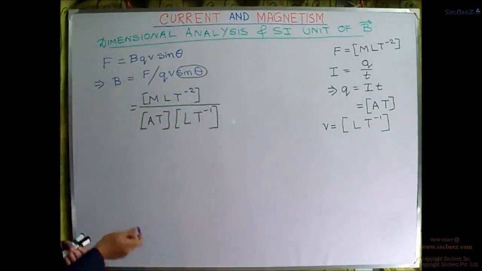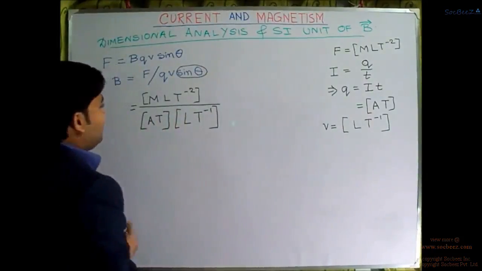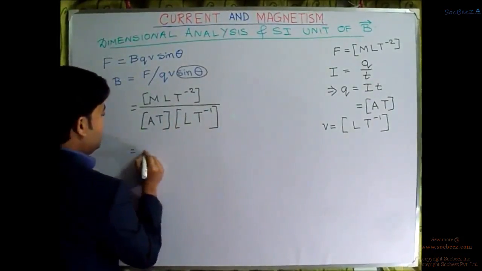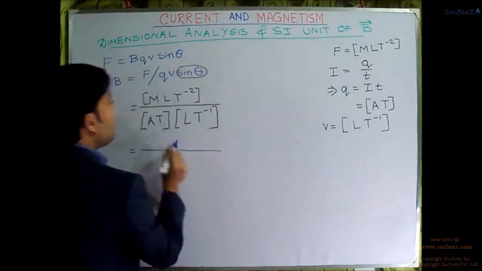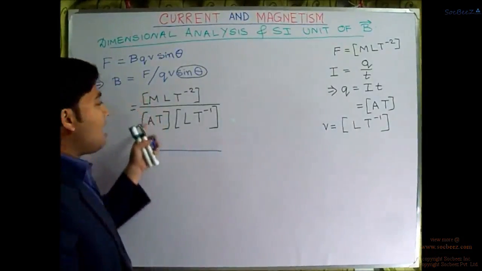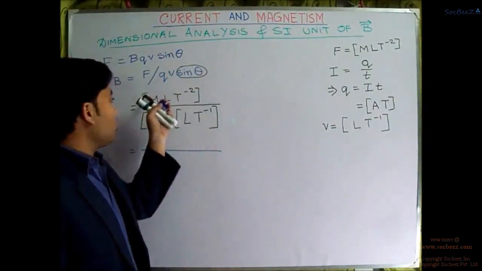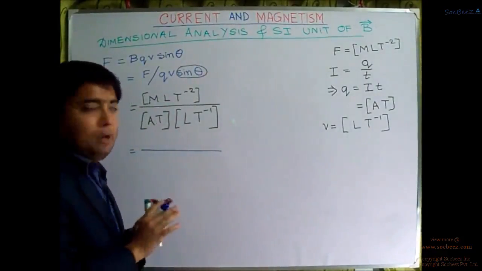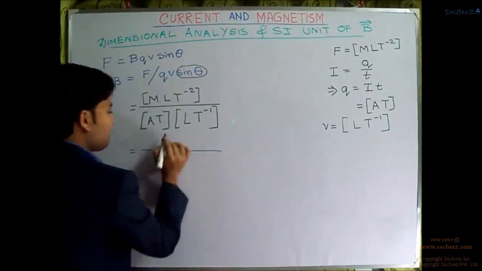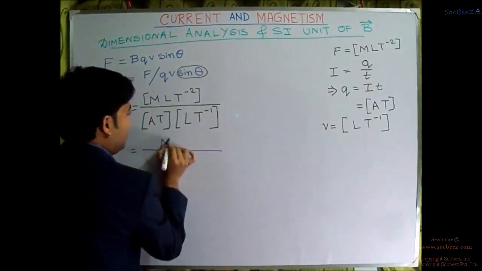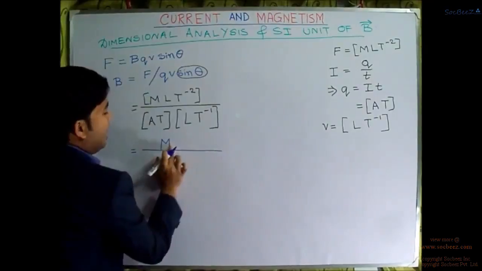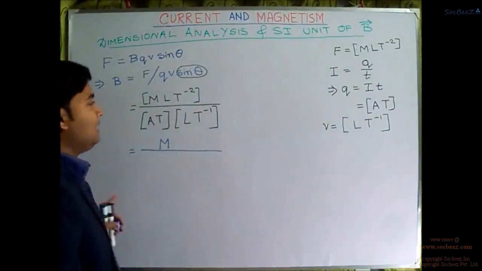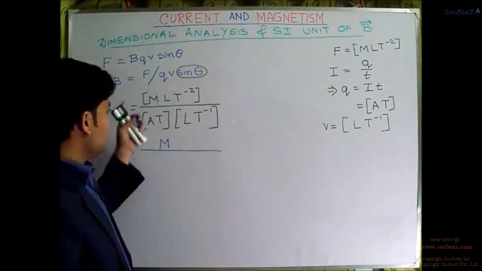So over here we can see this will be equal to mass. Can we cancel it out on the denominator? On the numerator this is mass. Can we cancel it out? No, we cannot, there is no other mass. So M will remain over here. Now this L, length. Is there any other length?